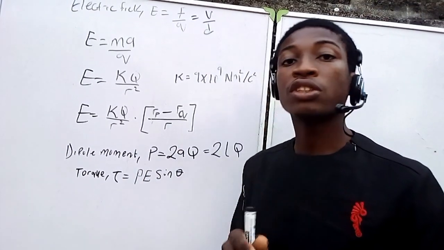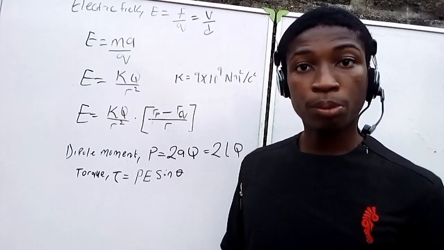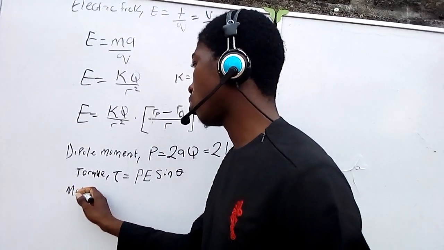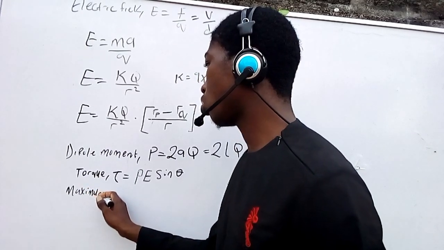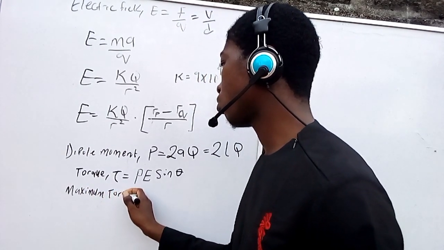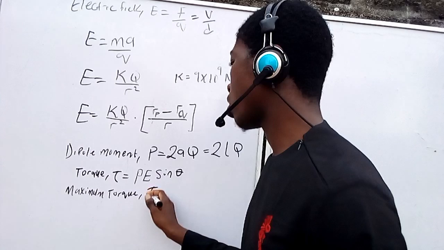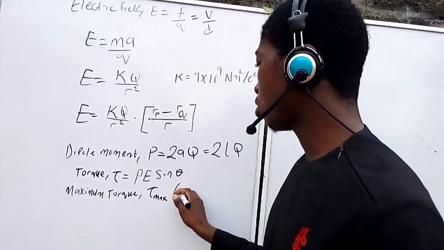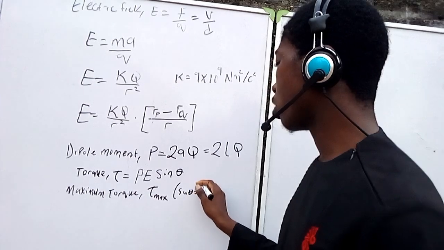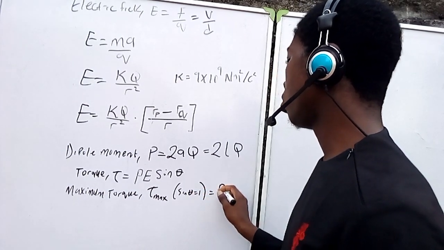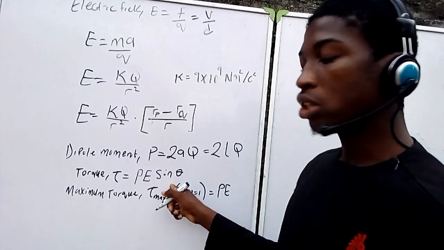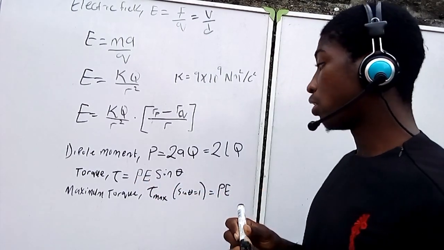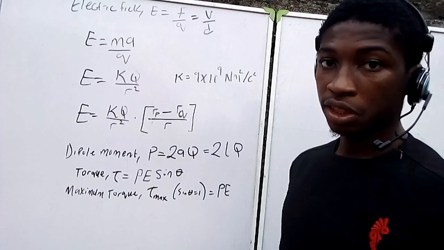Now there's another one which is very, very common. It's called the maximum torque, tau max. The maximum torque is when sine theta is equal to 1, that is equal to PE. So sine theta is equal to 1, so 1 times PE is just PE, the dipole moment times the electric field. And that is very, very simple.